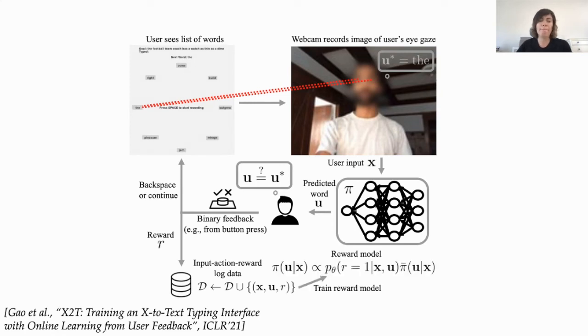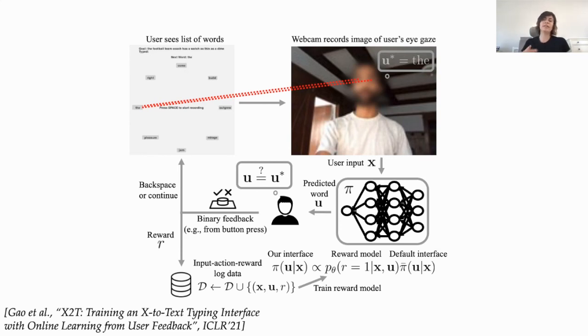So the way we use this trained reward model is as a likelihood update on the default interface. So we take the default interface, we update it with the reward model, and then lo and behold, our interface. And what's cool is that it doesn't make any assumptions about the type of user input.